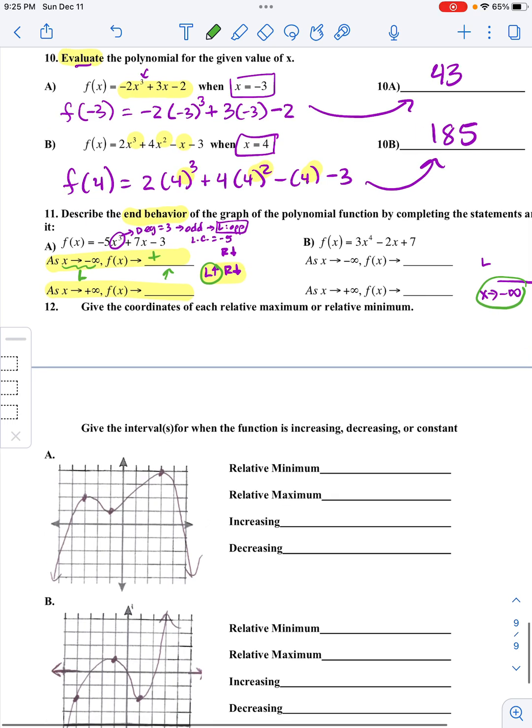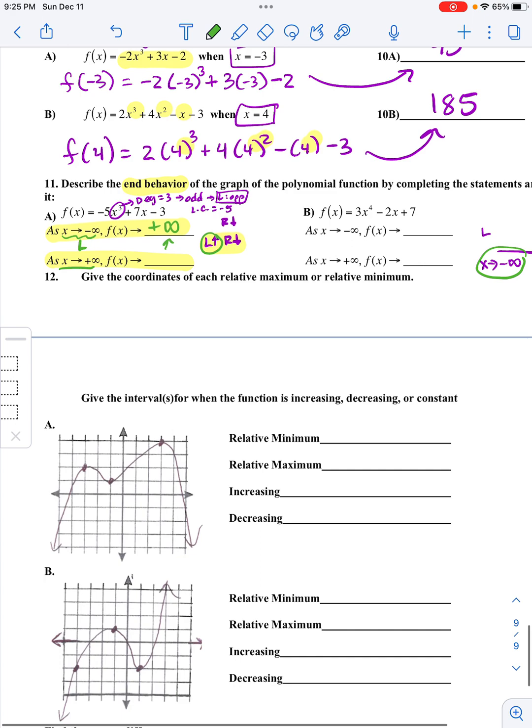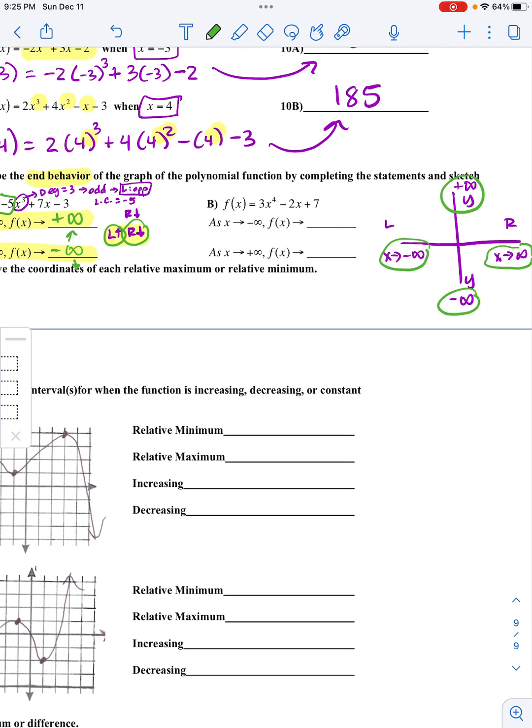Down here, x going to positive infinity is over here. So they're asking about the right end. We already know the right end is going down because it had a negative leading coefficient. And so down is negative infinity.